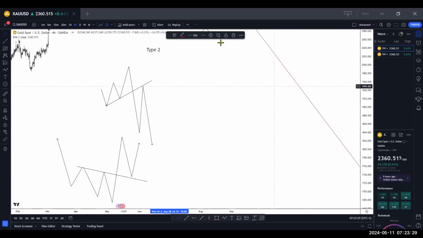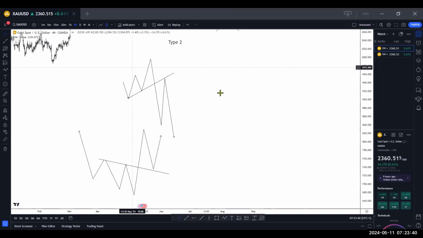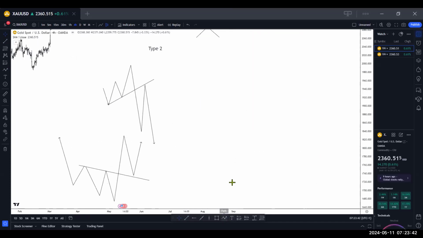For TL2 continuation, we'll delete these. Off you go. For the TL2 continuation sell setup, price is already selling, guys.